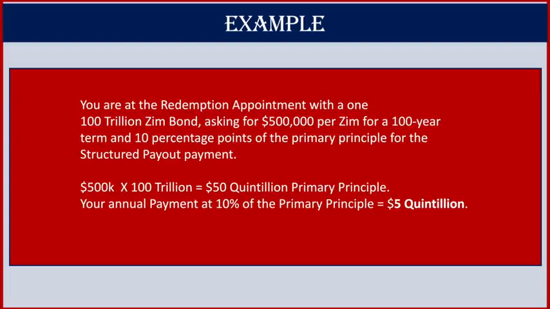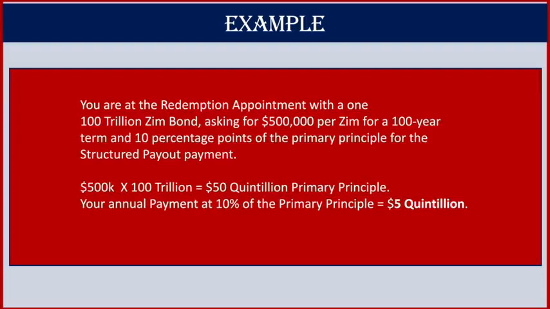So the rate times the ZIM that you have creates the primary principal, in this case, $50 quintillion. Your annual payment is figured from that at 10% of the primary principal, and that equals 5 quintillion.